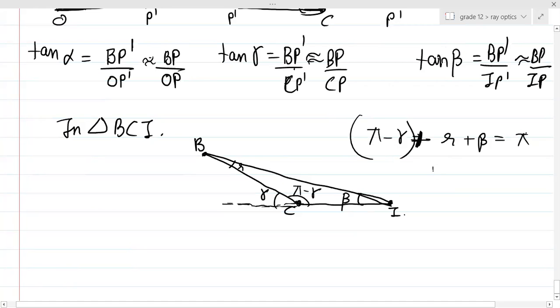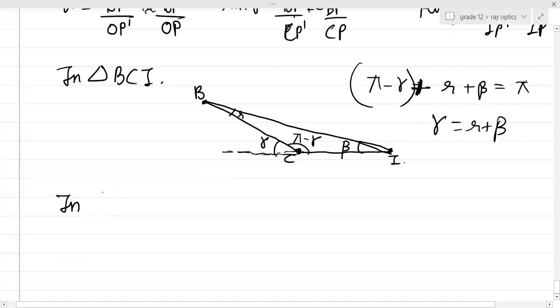And from here, gamma will be equal to R plus beta. Yes or no, guys? Similarly, in another triangle, BOC.